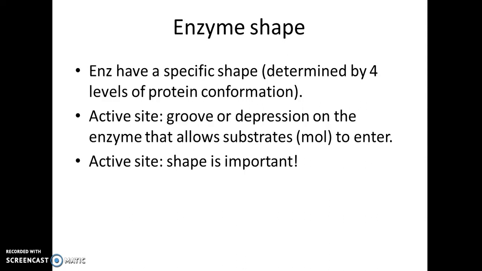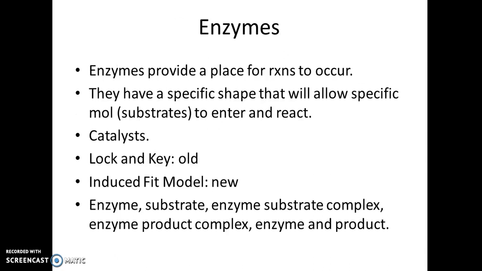Now, the shape of the active site is extremely important because that will determine what type of substrates will enter and react. So the reaction or the enzyme function is determined by the shape of the active site, and that determines the type of substrates that can react. So enzymes provide a place for reactions to occur.